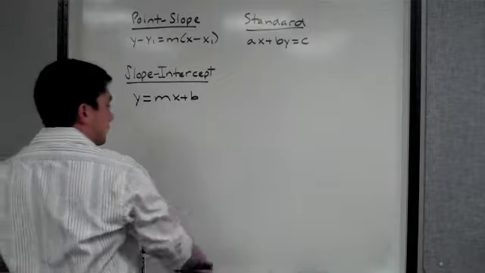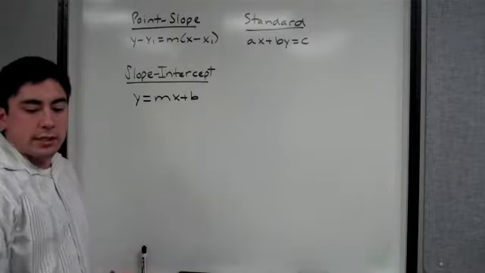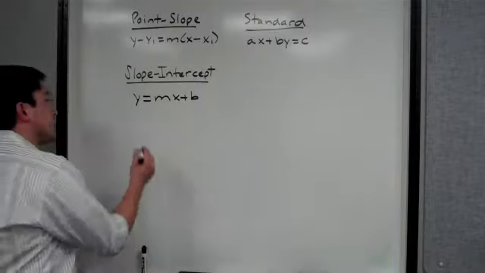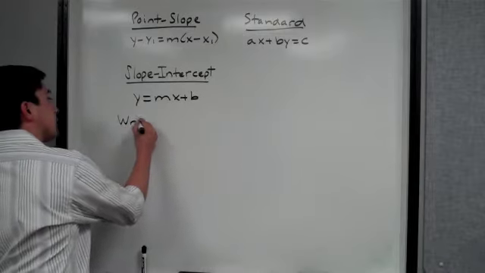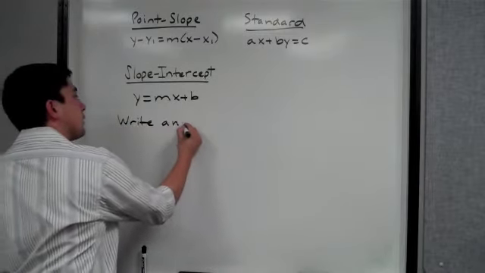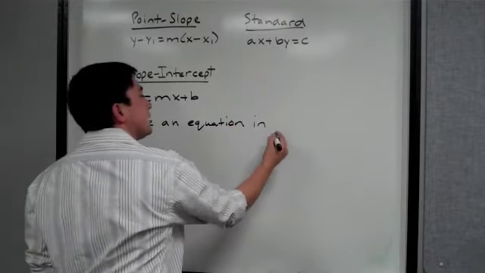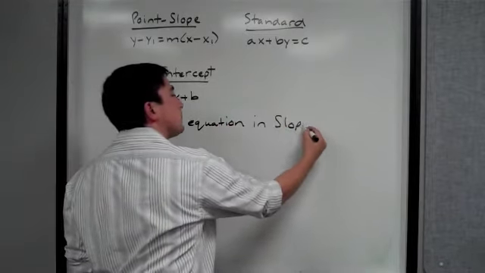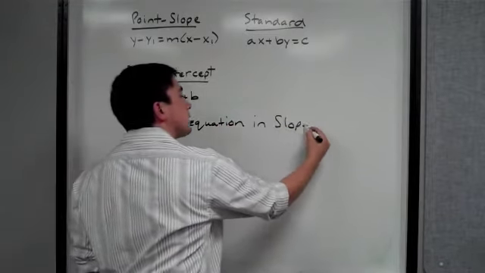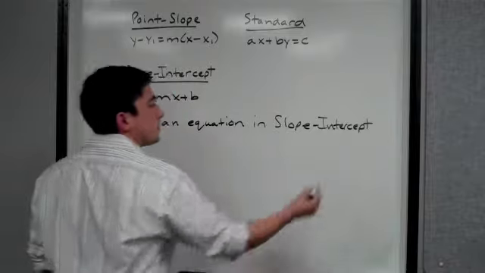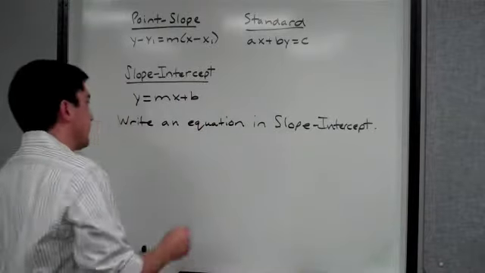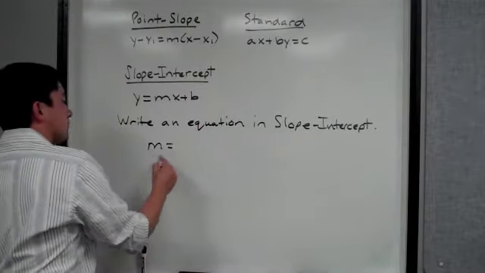Well, the first problem we did is the easiest one we could do: write an equation in slope-intercept form. Here's the information I'm going to give you: your slope, what did we say?